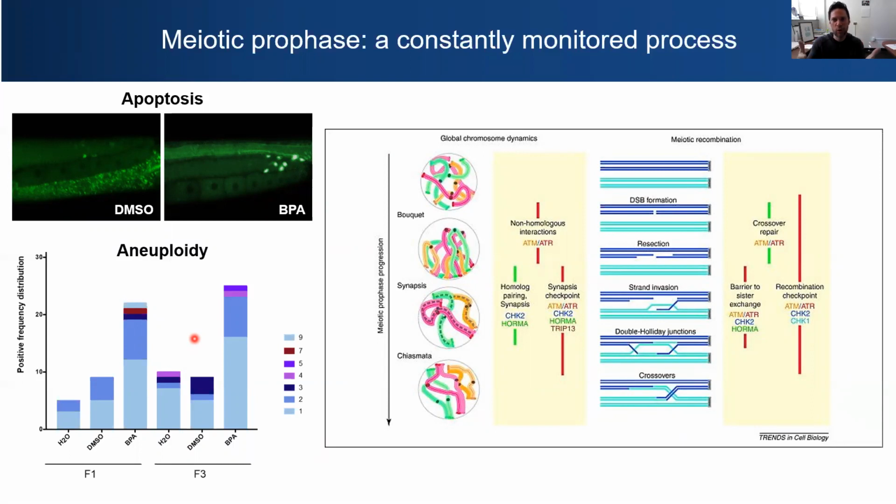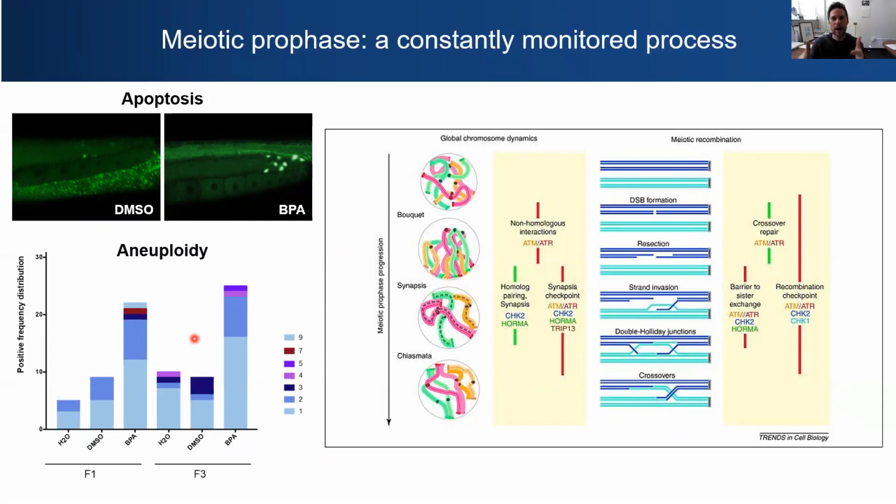And we know that there are two ways of triggering apoptosis in the germline. One of them is altering chromosome dynamics, so the way that the homologs, the paternal and maternal chromosomes, interact. And the other way is to alter the process of meiotic recombination that leads to exchange of information between the homologs.